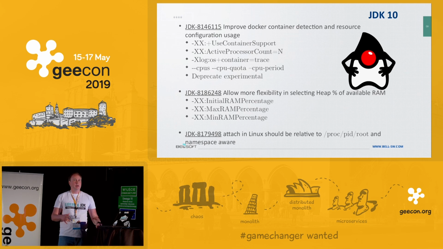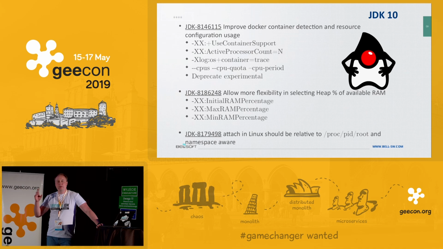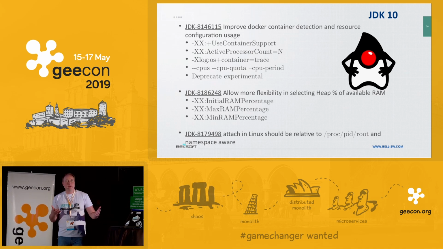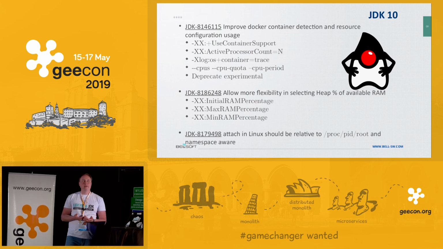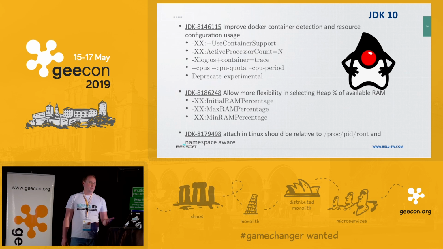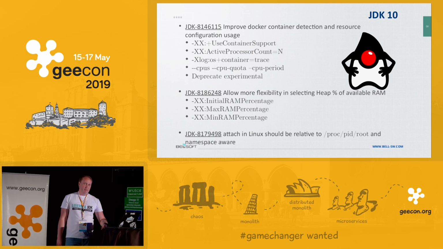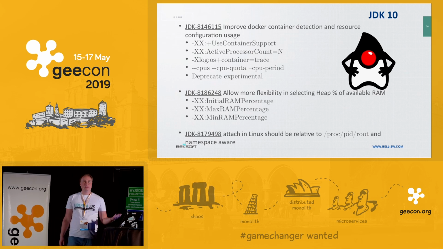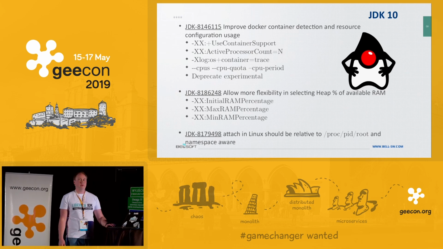And again, it's support for CPU and memory limitations, but also the important thing that I mentioned, that's the ability for standard management tools to work. Because when you use some vanilla Java 8 or Java 9, your JPS command won't see a running Java process if it's running in a Docker container. That's not good, right?